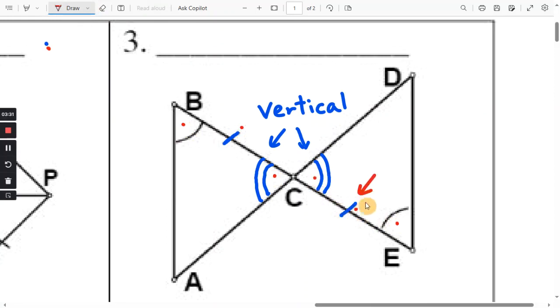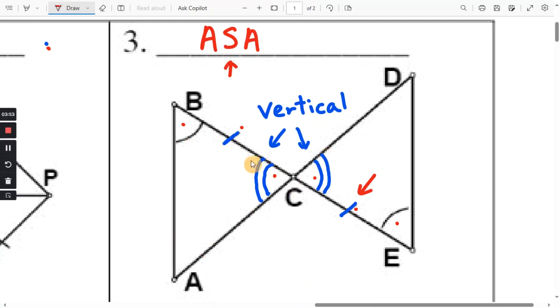Notice the side is in between the two angles. So you abbreviate that A, S, A. See, the S is between the two A's. The S represents the side, and the side is between the two angles. So that's why it's ASA.